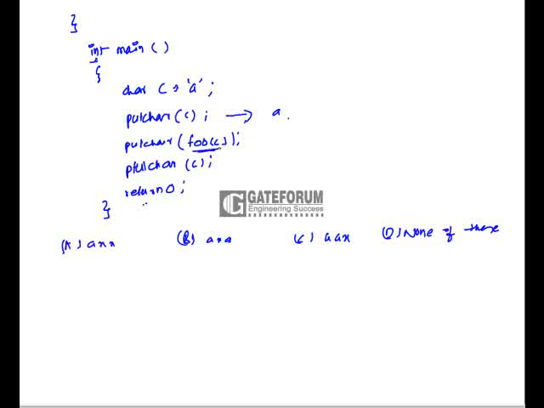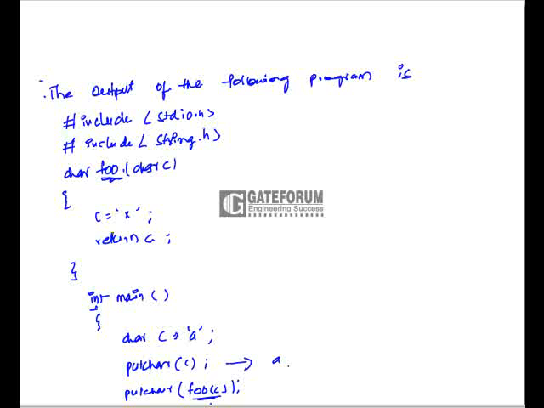So here control will pass to the function foo, in which C is declared as X, and return C. Here C is initialized to X, and that means X, the value present in C, is returned to the called function.